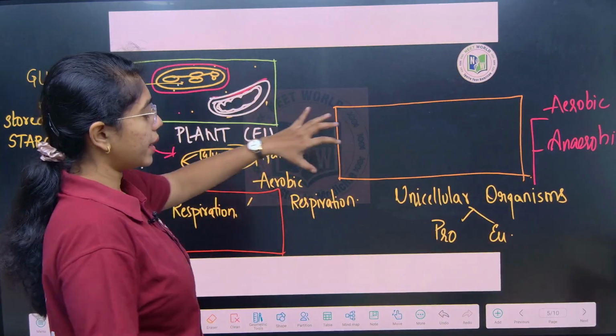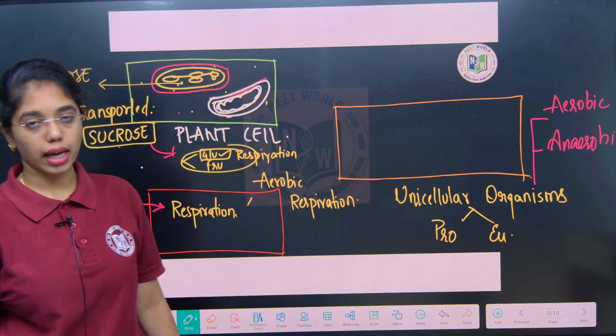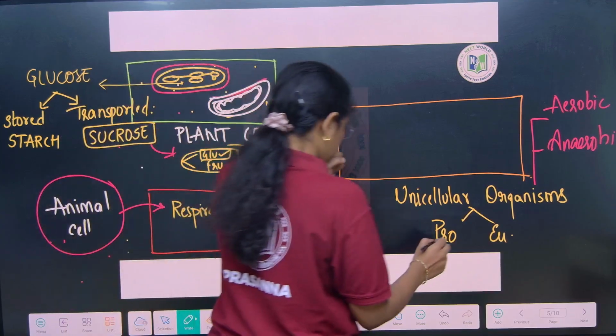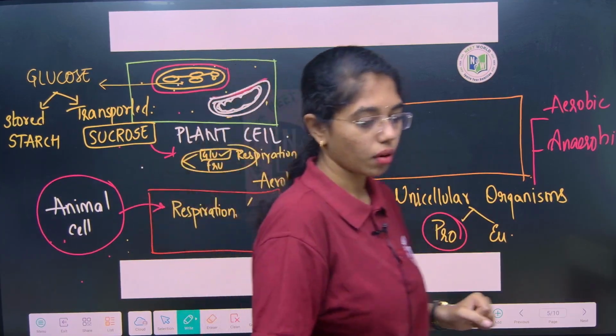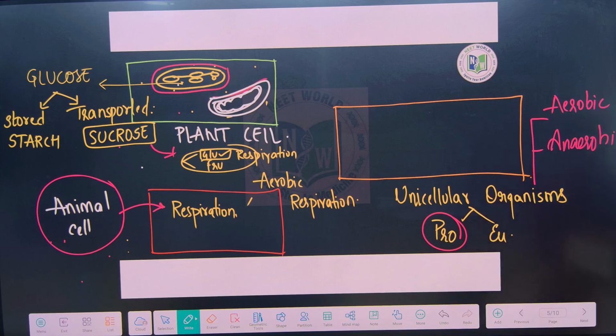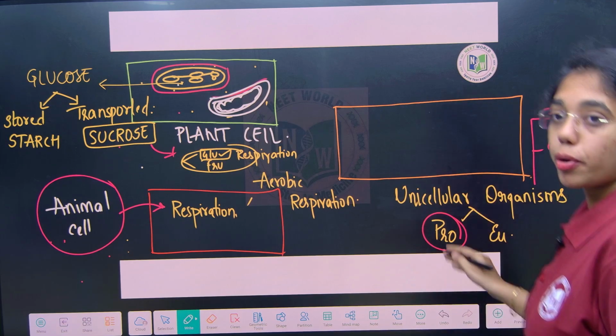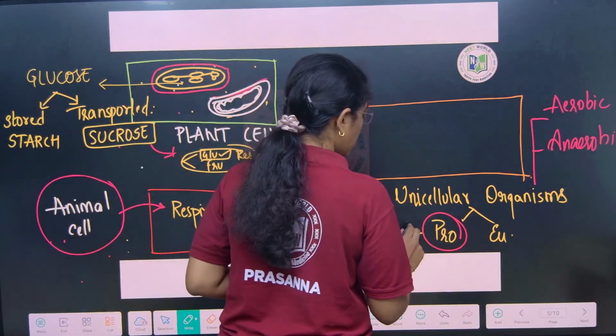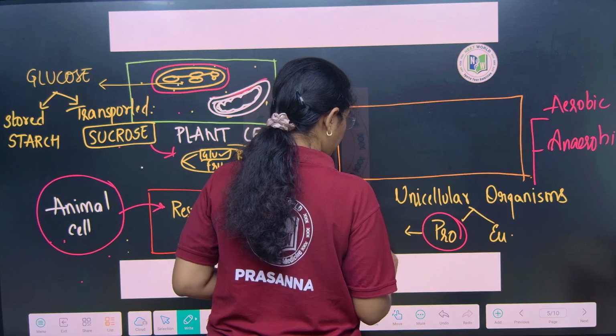Got it? And in any of the unicellular organisms, all the organelles might not be present. If you take a prokaryotic cell, be it aerobic respiration or anaerobic respiration, everything occurs in the cytoplasm.